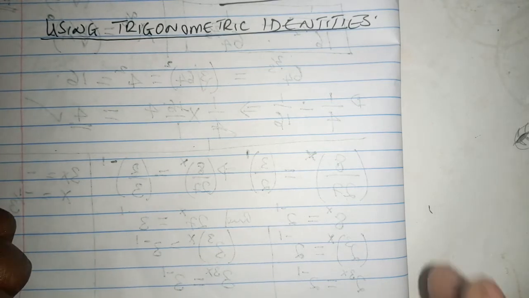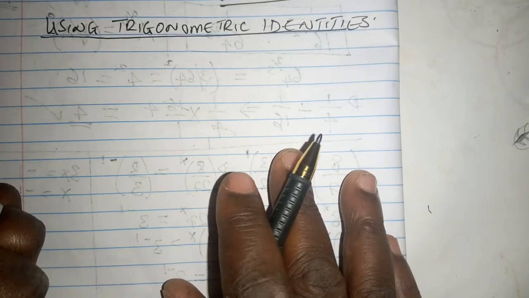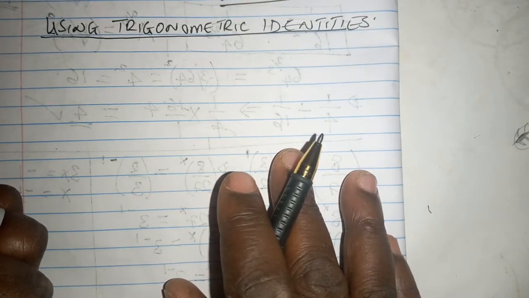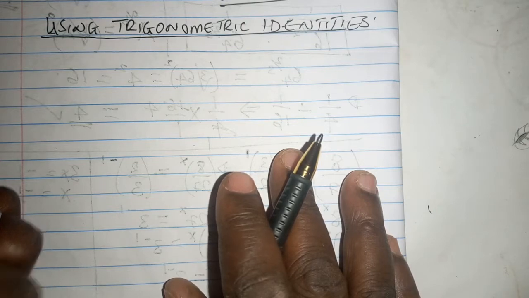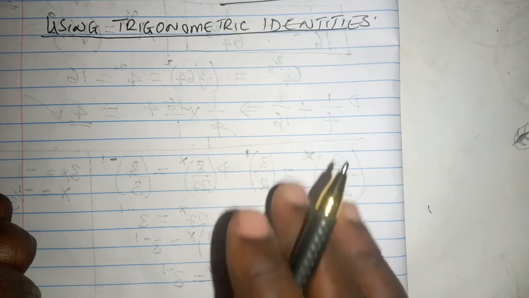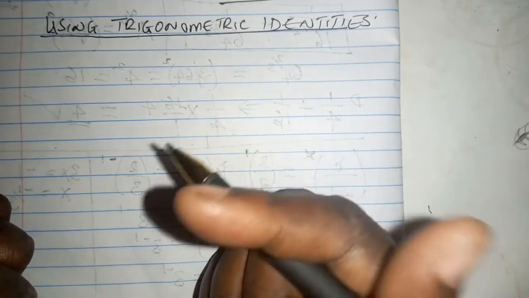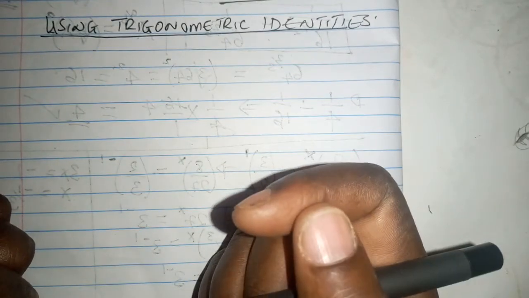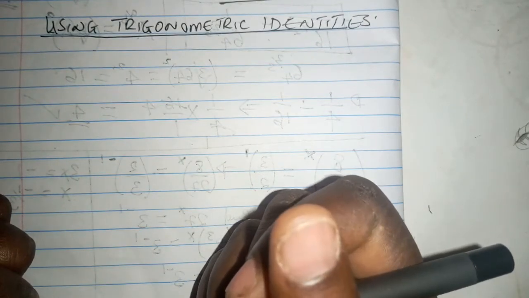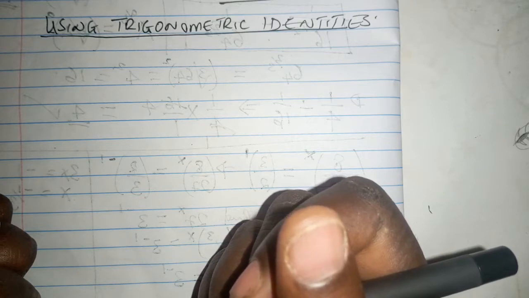It is important to note that some trigonometric ratios or identities are not integratable, or rather, you cannot integrate or differentiate them directly. As such, it is very important that you are able to rewrite those which cannot be integrated directly in such a way that they will be integratable directly.